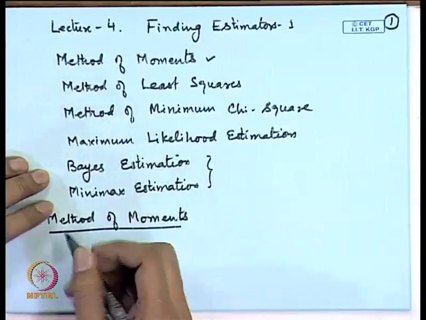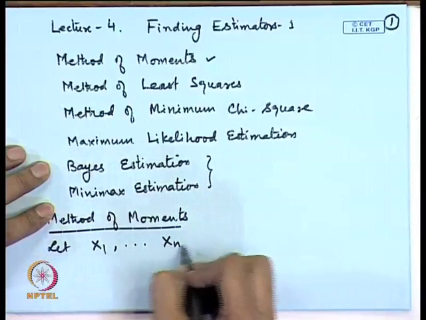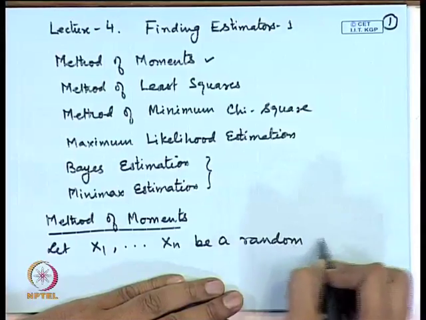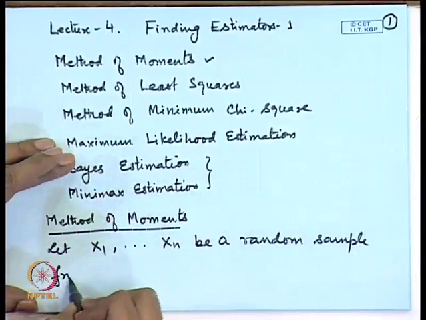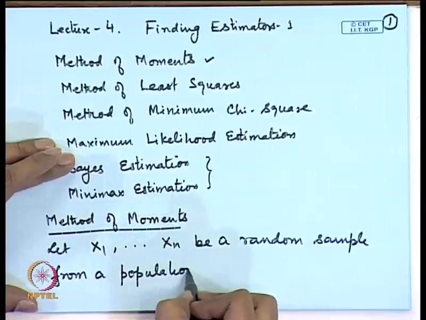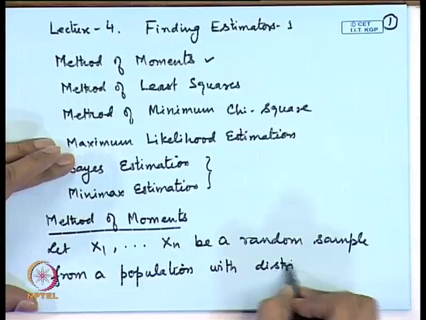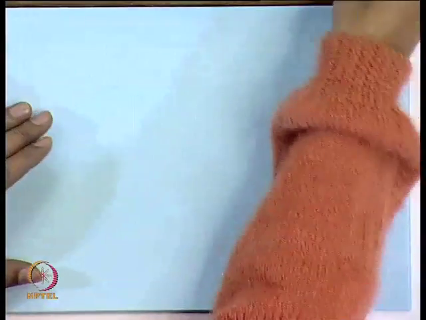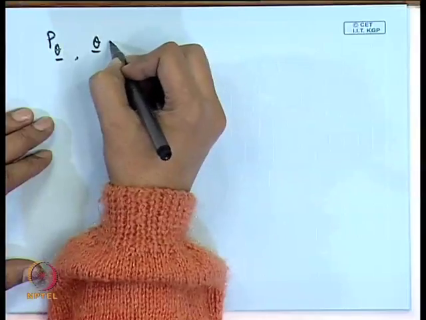Let us consider that X1, X2, ..., Xn is a random sample from a population with distribution which is identified as P theta, theta belongs to Theta.